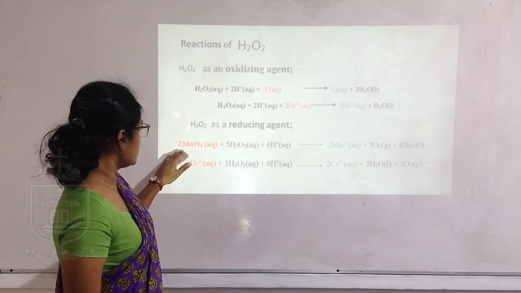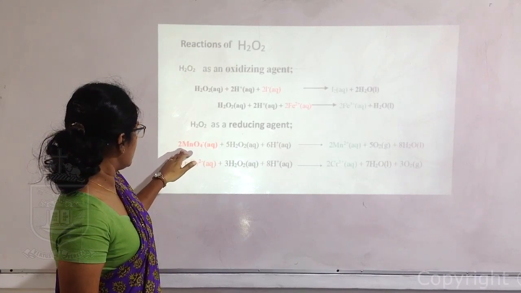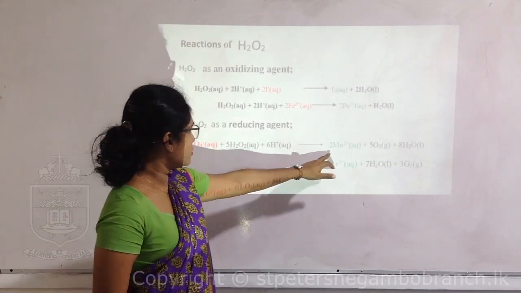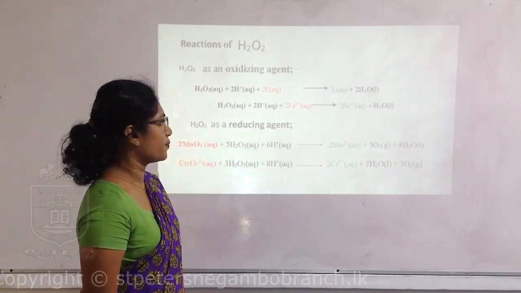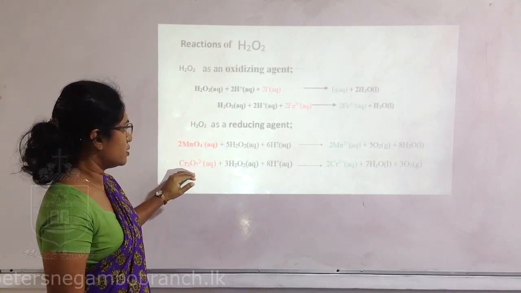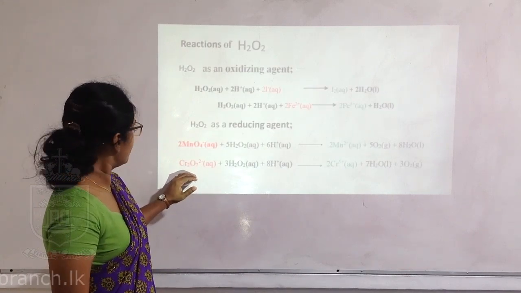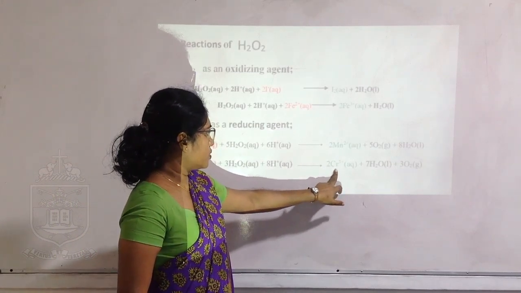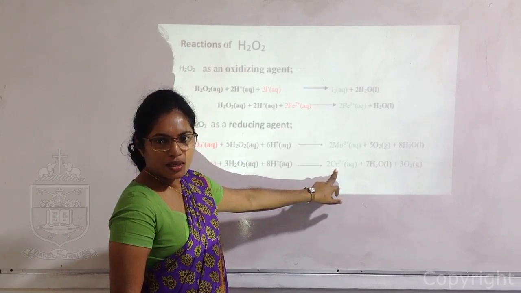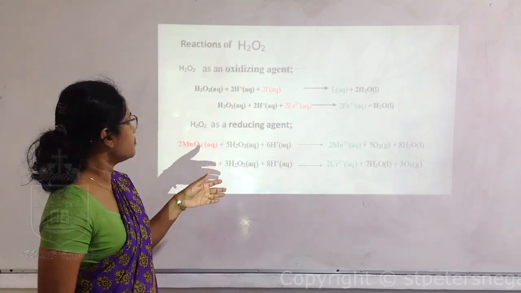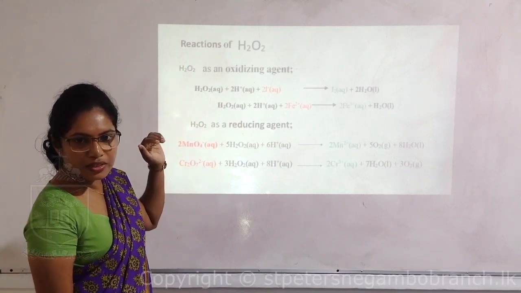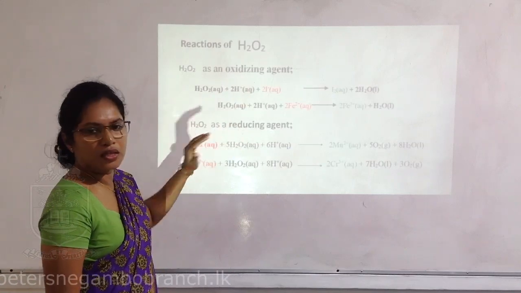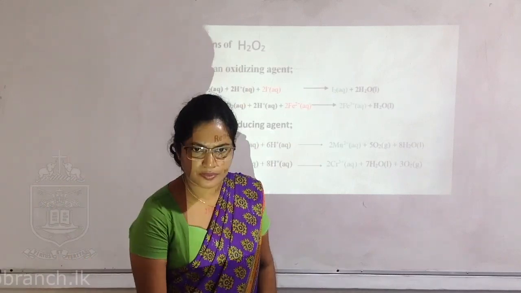In the second reaction you can see that MnO4 minus ion is reduced to Mn2 plus ion, and also dichromate ion is reduced to chromium 3 plus ion. So these are the examples for the reactions of hydrogen peroxide as oxidizing agent and reducing agent.